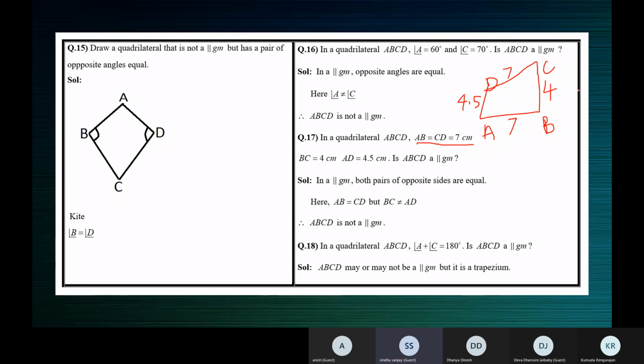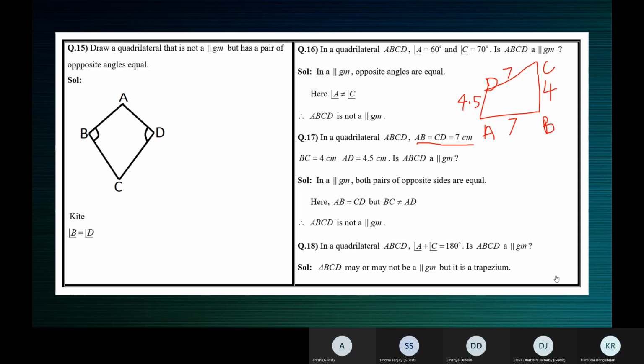No, ma'am, because one pair of opposite sides, that is BC and AD, are not equal. AB is equal to CD, but both pairs must be equal, not only one pair. So it's not a parallelogram.